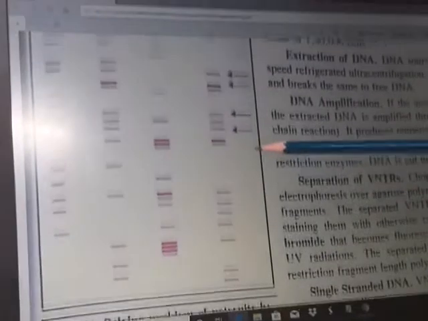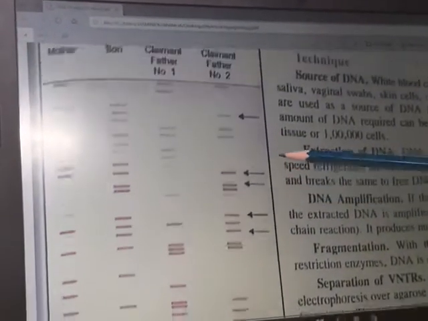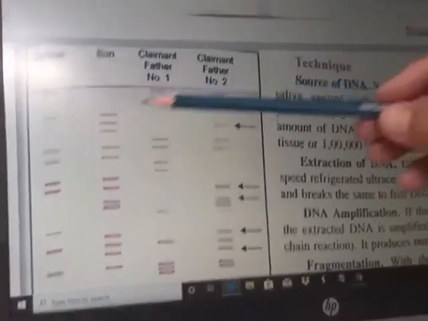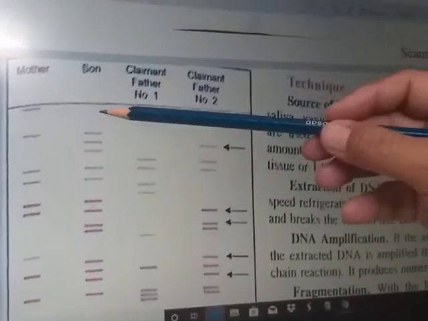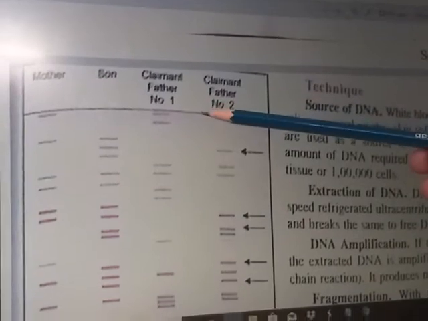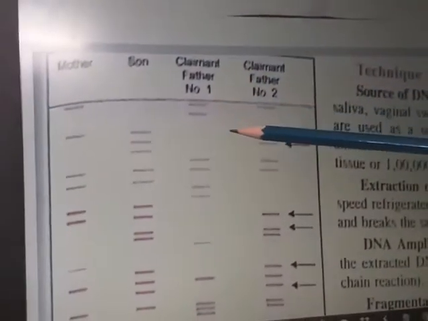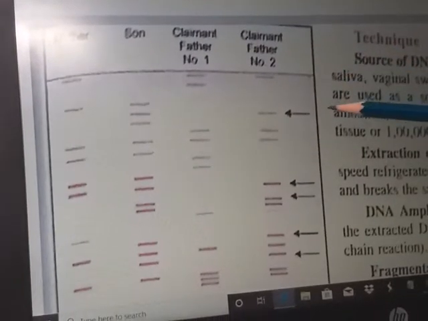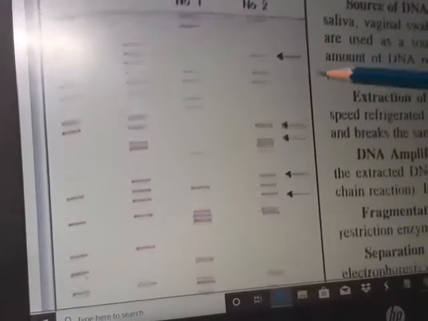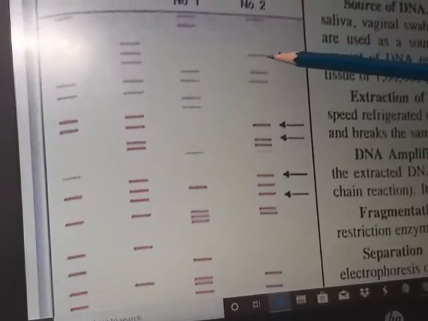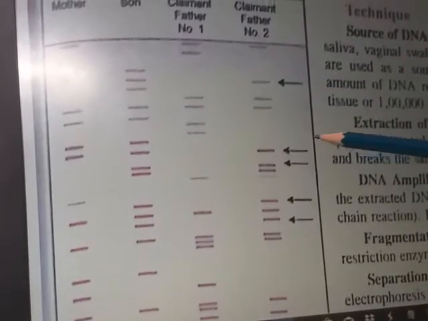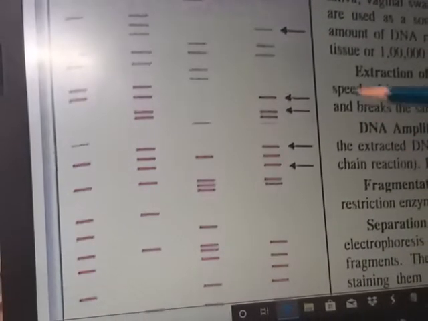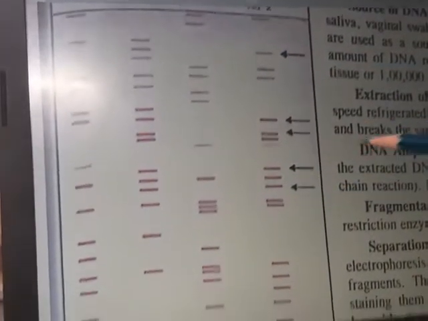These are the bands over here. These are the bands of the mother, son, claimant father number 1, claimant father number 2, and in this case there are more matchings of this claimant with this son at many locations indicated by arrows, and they are less matching with claimant 1.